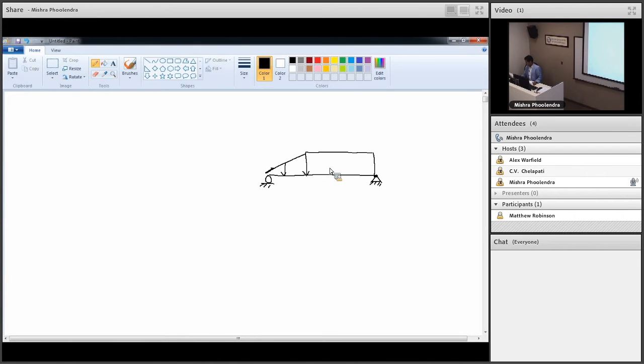It's a triangle that goes all the way to 0 here, and then we have 150 pound per foot. We are given these distances, not to scale. This is 6 feet and this one is 8 feet.